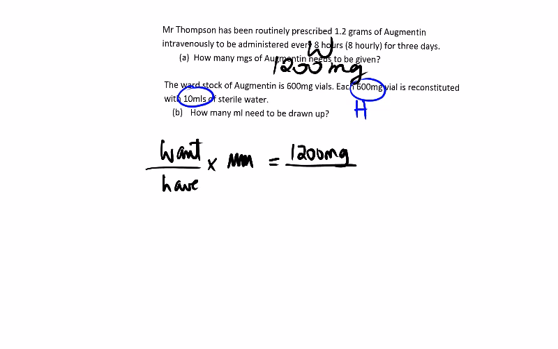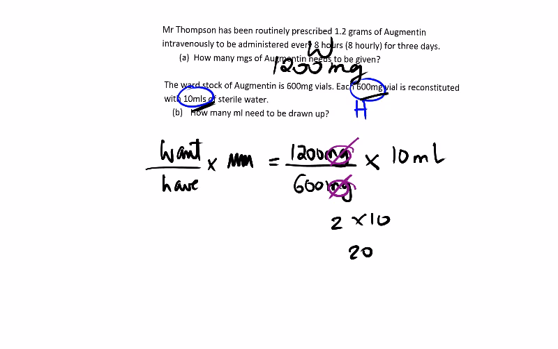The have has 2 elements, 600 milligrams or 10 mils. For that position here, we need the 600 milligrams simply because the units need to match, so we can cancel them out. Multiplied by 10 mils, answer will come out in mils. And the calculation is the same. 1200 divided by 600 is 2. 2 times 10 is 20 mils.